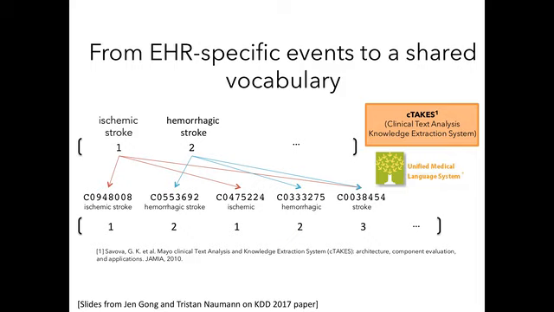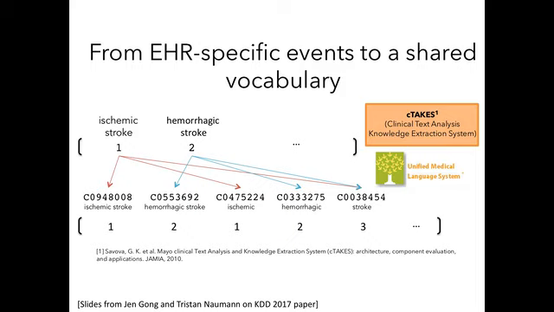One could attempt to use that English description of the feature to come up with a way to map it into a common language. In this case, the common language is the UMLS, the United Medical Language System that Pete talked about a few lectures ago. So we're going to now say, okay, we have a much larger feature set where we've now encoded ischemic stroke as this concept, which is actually the same ischemic stroke, but also as this concept and that concept, which are more general versions of that original one, right?